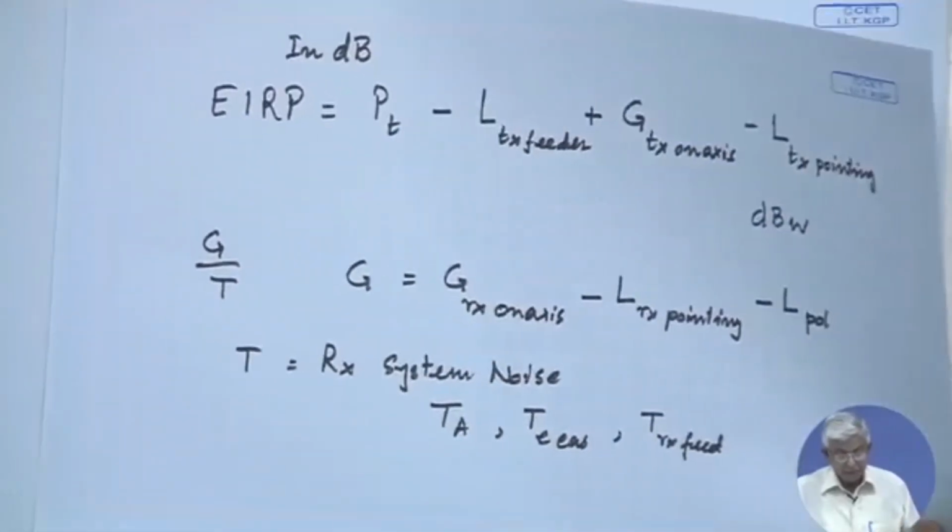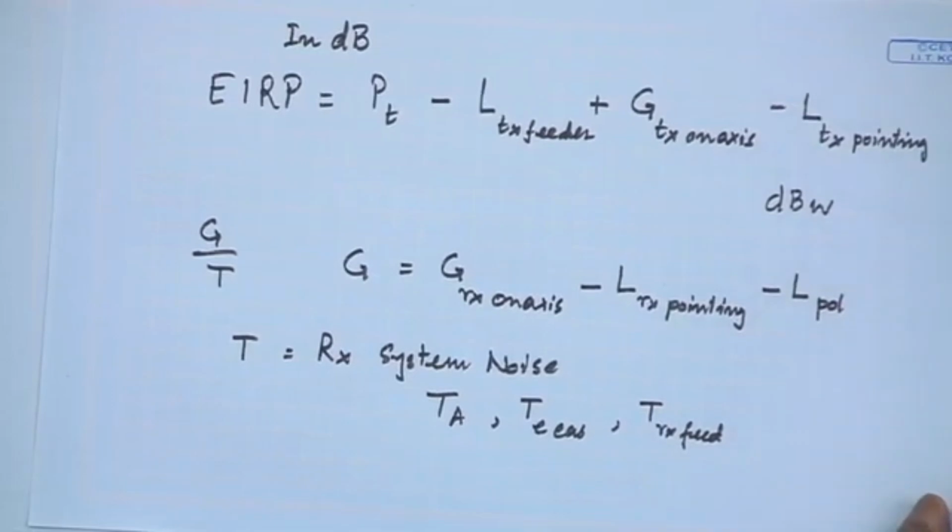So, now we know that the link quality, which is the signal to noise ratio, in other cases the carrier to noise ratio or carrier to noise density ratio, is now listed. Now, in a satellite we have two links: uplink, which is earth to space, and downlink, which is space to earth.